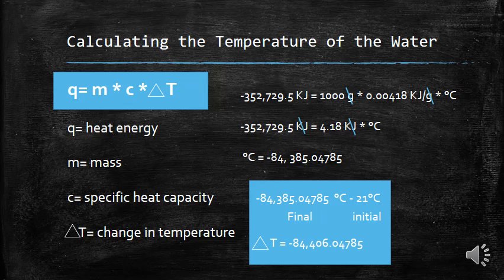And the reason it is a negative number is because the temperature of the water goes from a positive number to a negative number. And if you were to subtract the change in temperature from the initial, then you would get the final. So that is how you solve for the temperature or the change in temperature of the water.